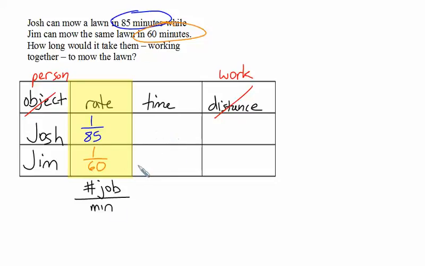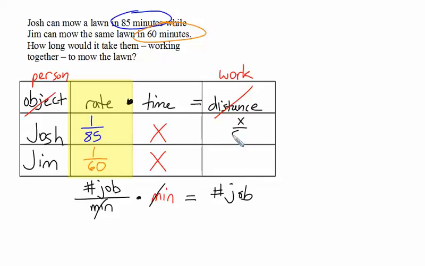The key to this problem is to realize that the time is the same because they're working together. So if it were to take Josh X minutes, it would also take Jim X minutes working together. When we factor, label, and multiply, the minutes cancel, and we're left with the number of jobs. So multiply across. It's based on the idea that rate times time equals distance.